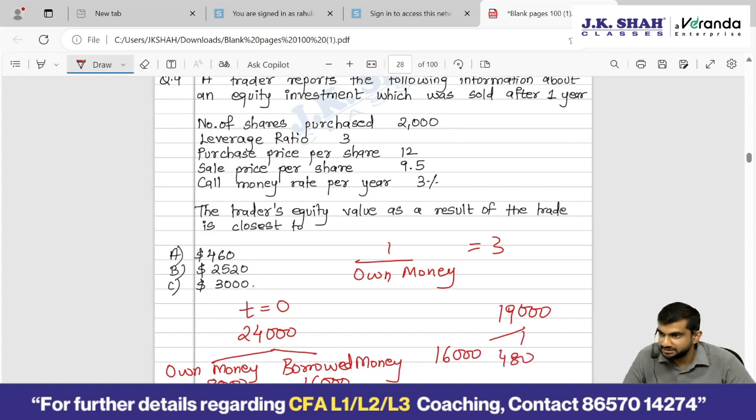Any other charges? No. What is the leftover amount? 2520 is the equity. Option B. Clear? If I repay the loan and interest out of 19,000, what is the leftover amount? Okay.